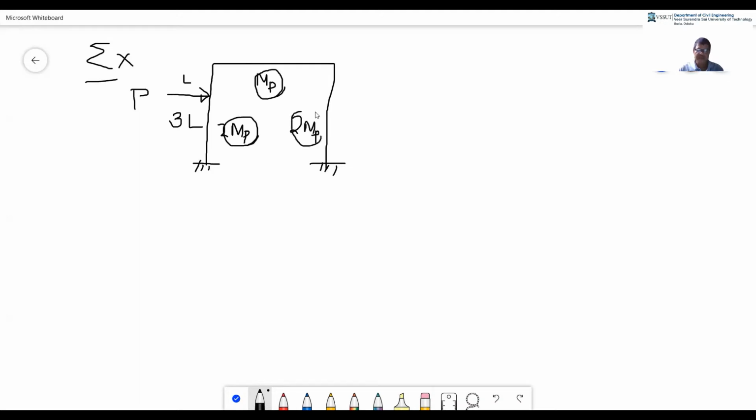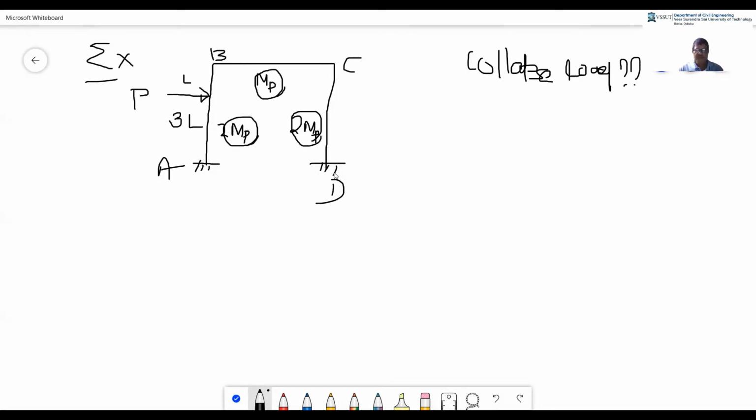So these are the plastic moment capacities. There is no load on the beam here. And you have to calculate the collapse load. So the question is: what is the collapse load?